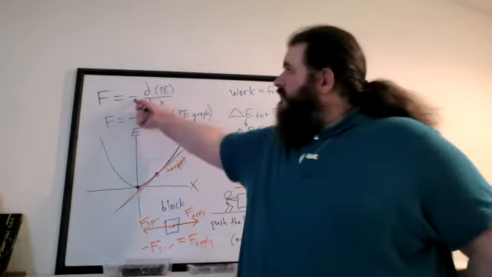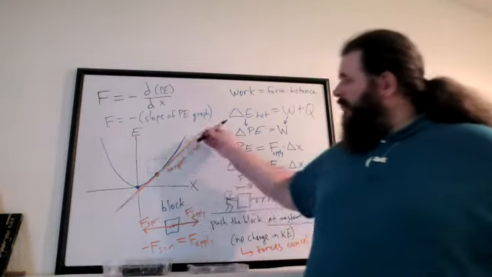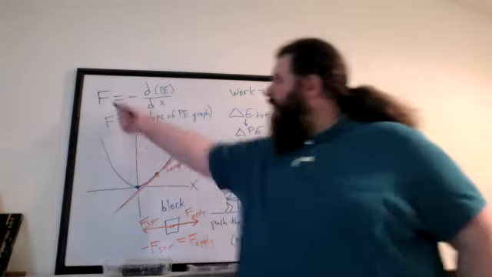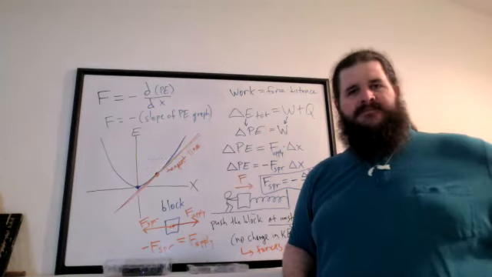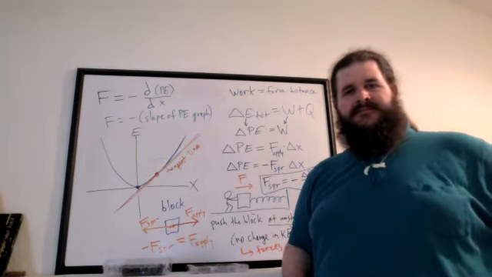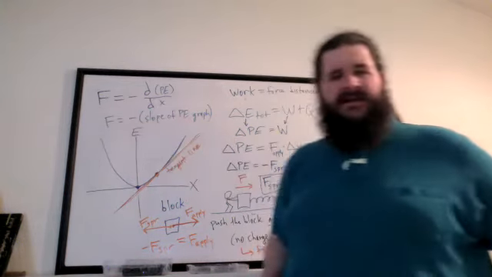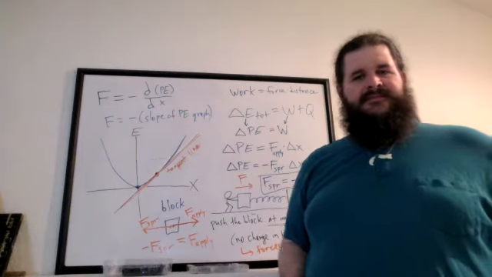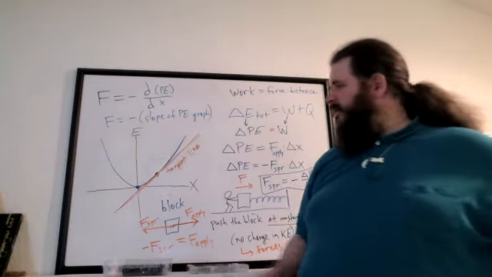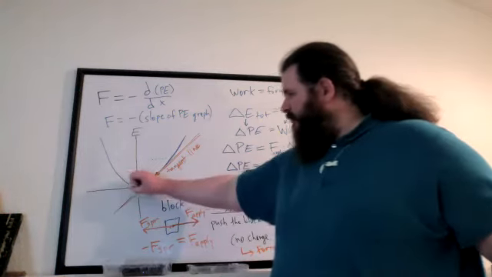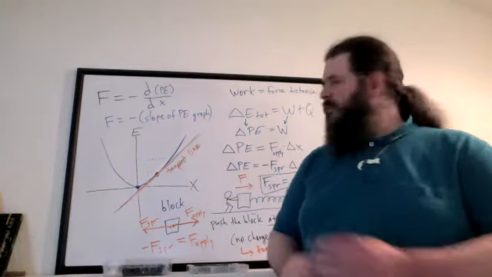Of course, this negative sign is also going to influence the results as well. Like in this case, the tangent line has a positive slope. So what does that tell you about the force? If the slope is positive, then the force is going to be negative, which matches up with the idea that if you stretch the spring to the right, the spring exerts a force pulling back to the left.